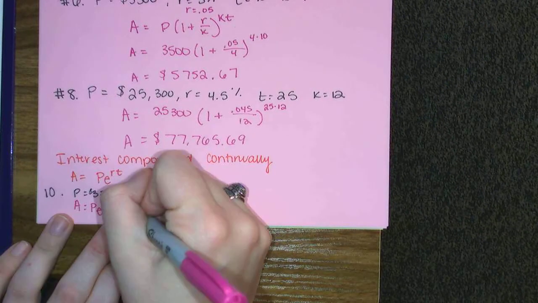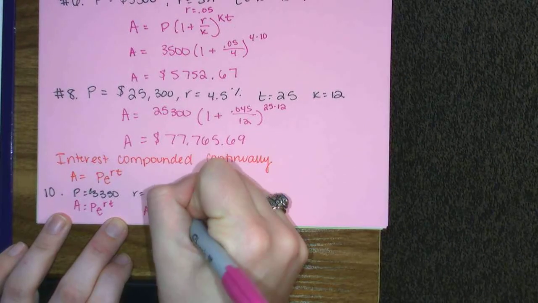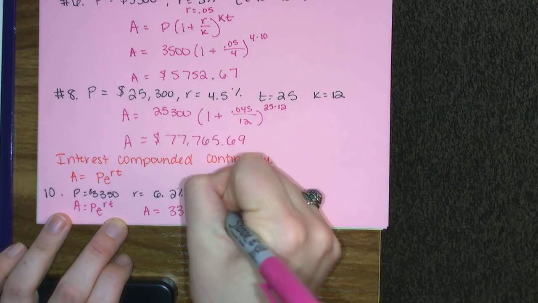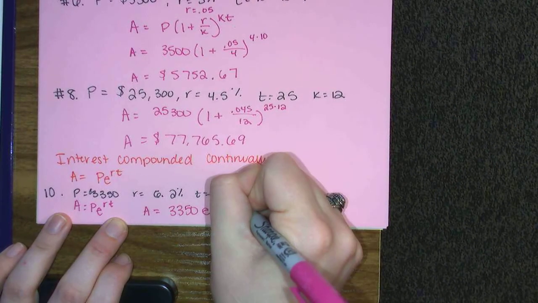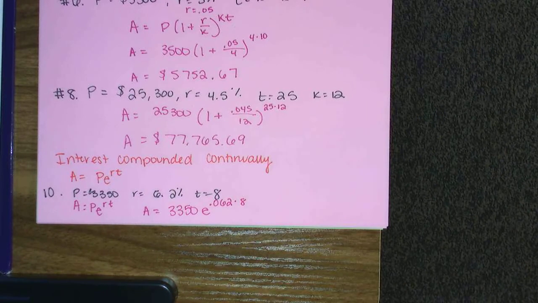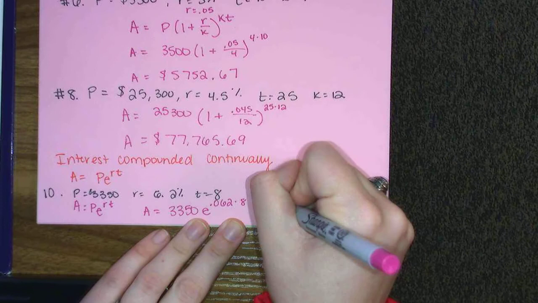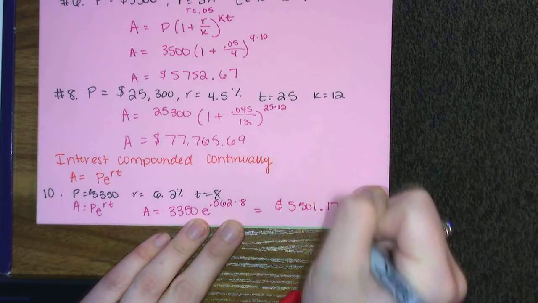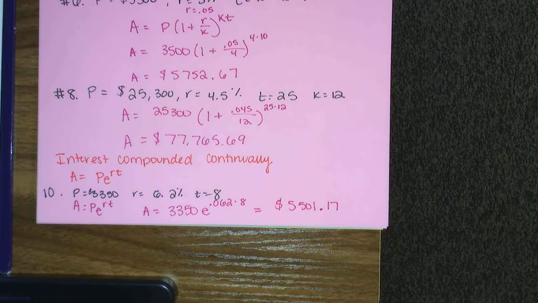So we've got A is equal to 3,350 e raised to the 0.062 times 8. That's $5,501.17. Okay, so y'all are doing a good job of remembering 2 decimal places.